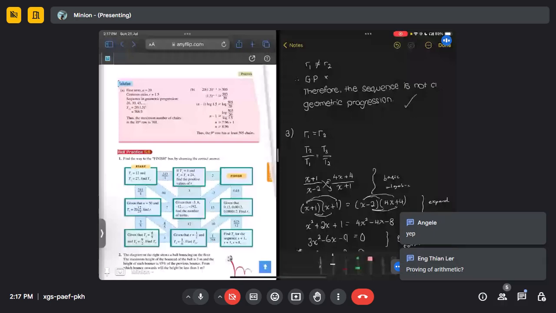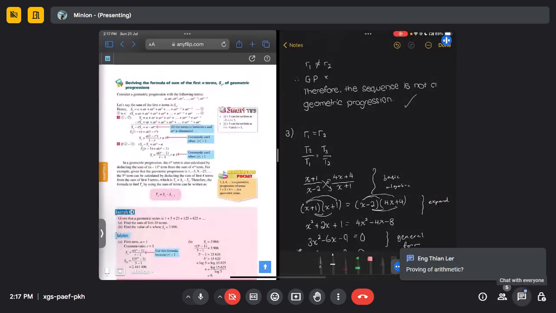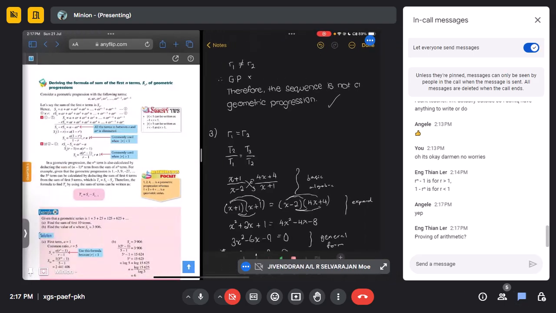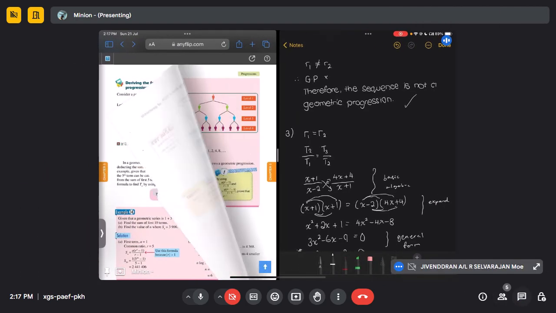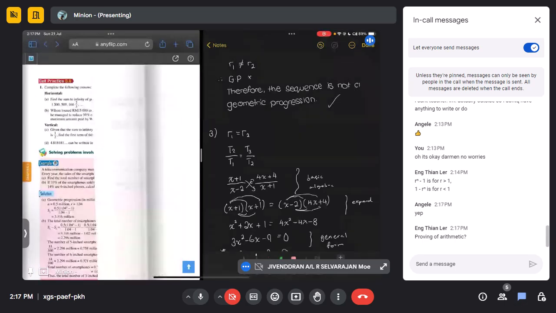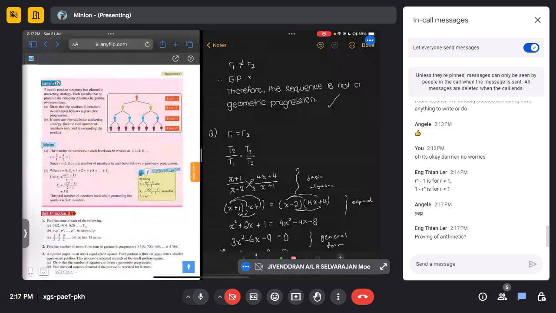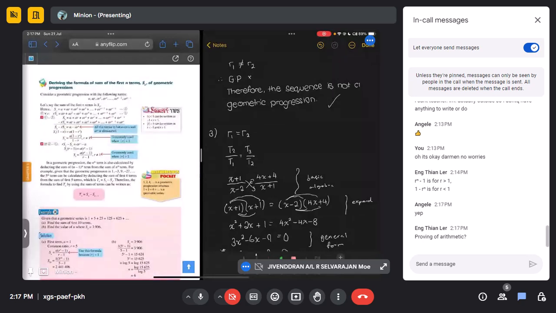Shall we continue proving next week? But if we continue proving next week, it means we'll show all the proving questions, because this is quite long. I'm sure there is more proving. I have the PDF file. If possible, I'll send it to the group. You guys can refer to it also, but use your textbook. Sometimes the PDF has some errors.